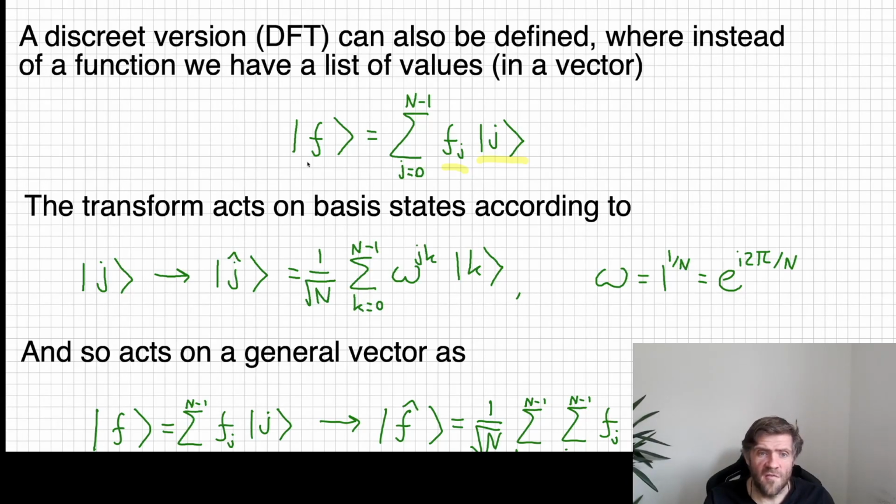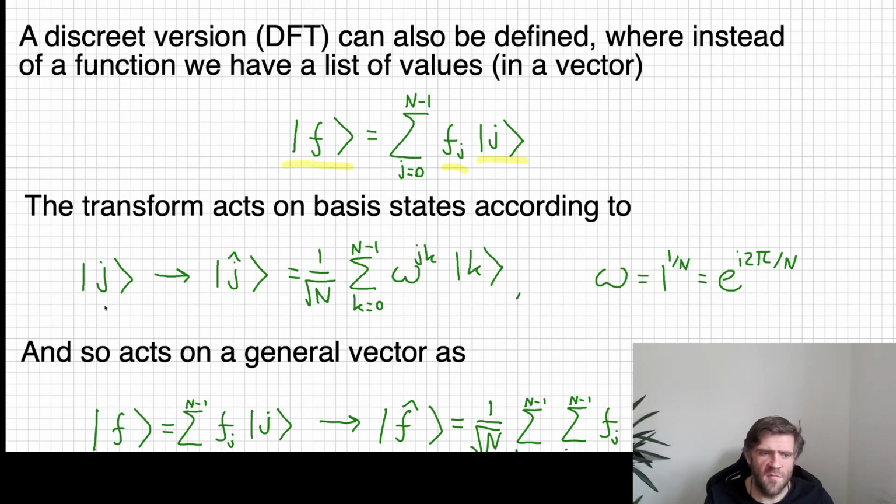And so we're going to use the vector f to represent a general set of data encoded in a vector in this way. I've used Dirac notation here to represent these vectors. It doesn't necessarily have to be a quantum state that we're thinking of here, just using a vector to represent some discrete data that we want to do a Fourier transform on.